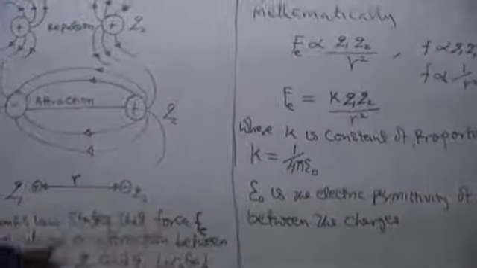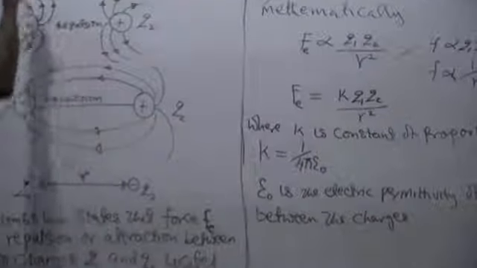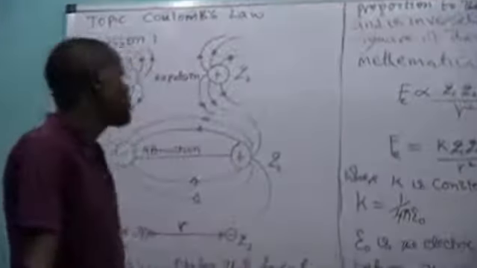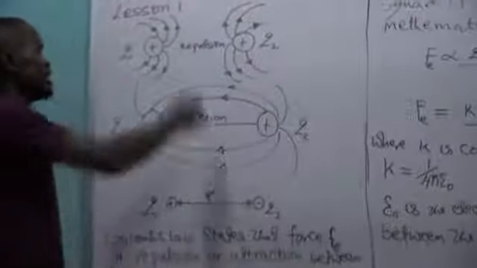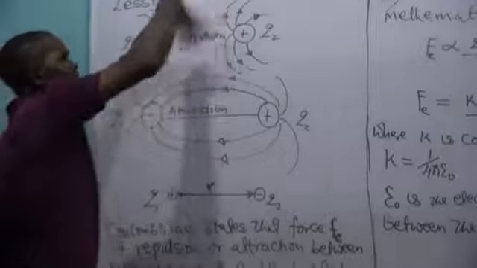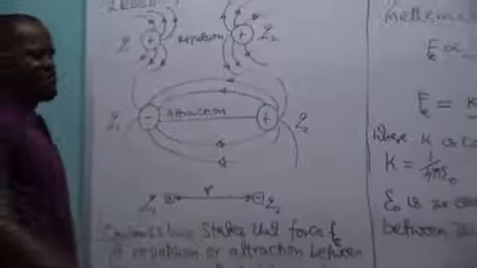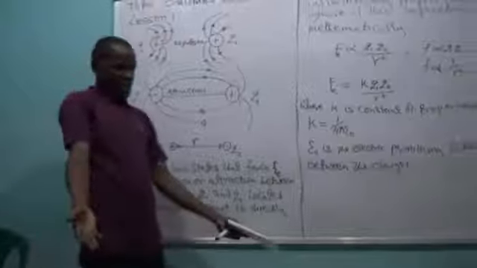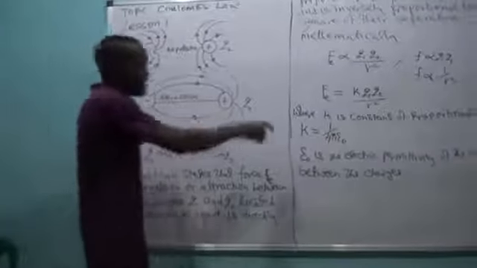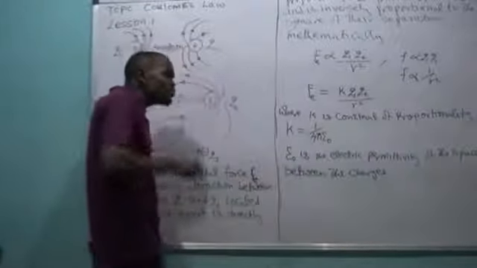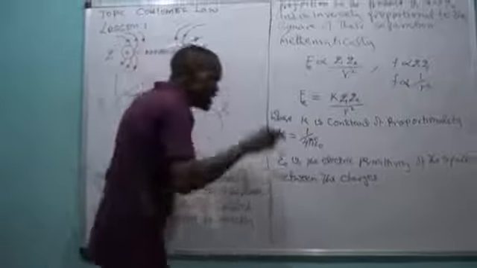And what is the space between the charges? These charges are situated in free air, like me here. As I'm talking to you, I'm in free air. The space between these charges is air. This experiment is done in free air. So this is called the permittivity of free air.